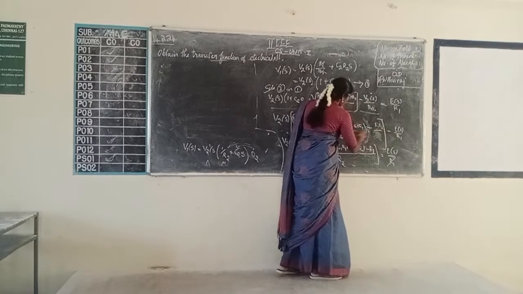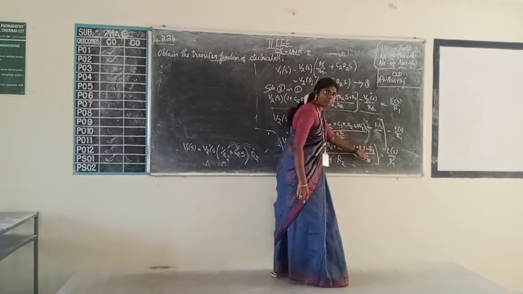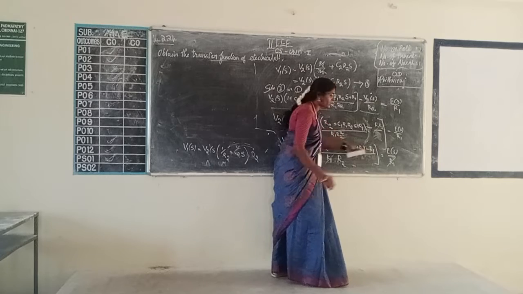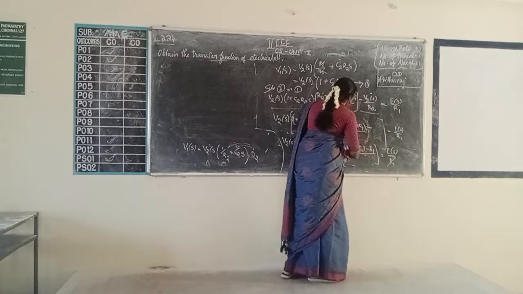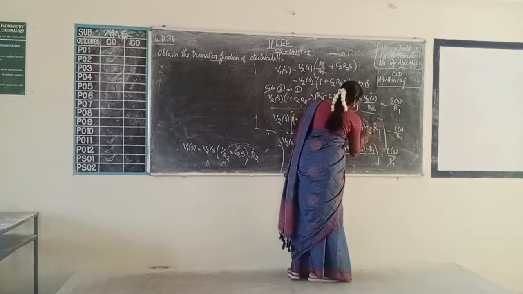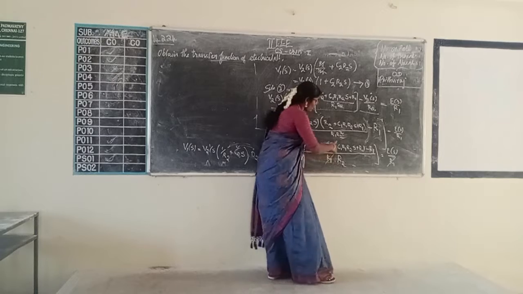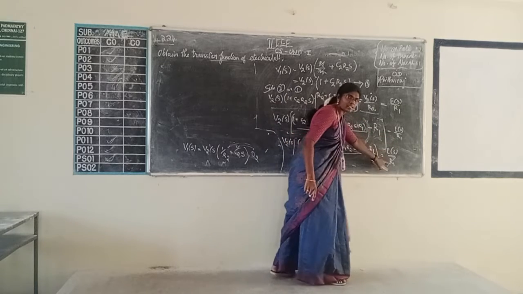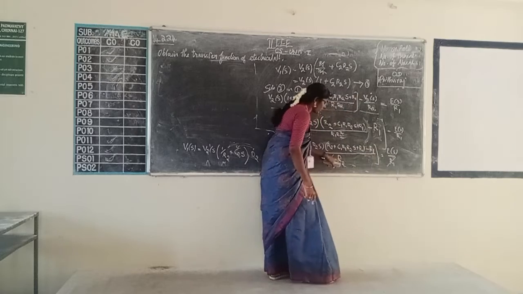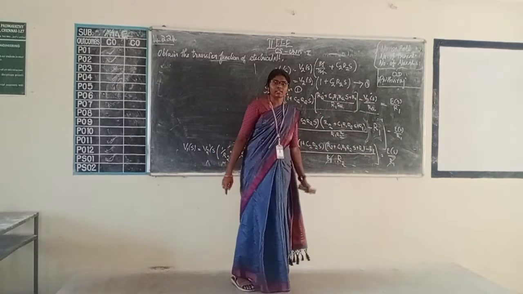Here R1 R2 will get cancelled, so minus R1 remains. In the denominator, R1 is cancelled to the right hand side. So in that R2 square, one term R2 remains.